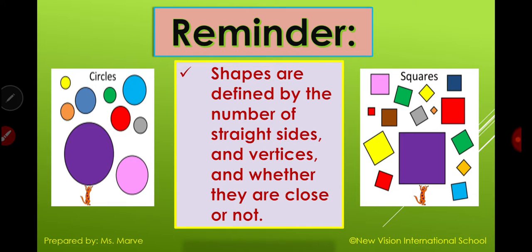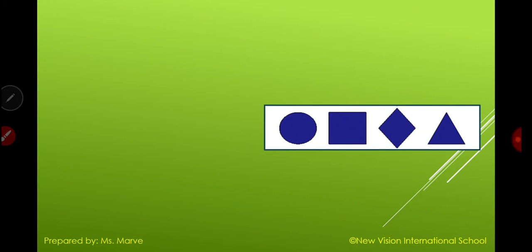Circles on the left side and squares on the right side are in different sizes, in different colors, and put in different ways. All of these are closed circles and closed squares.